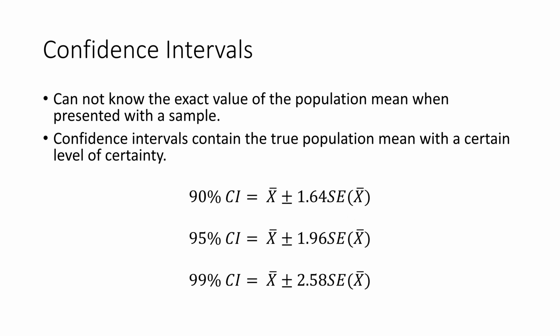If we had an average of 10, and let's just say the standard error is 10, I can do this in my head. So that means that on the high end, we have 10 plus 16.4, or we're 90% confident that it falls below 26.4. Then we subtract, right? So that's the high end, and then the low end is 10 minus 16.4, or negative 6.4.